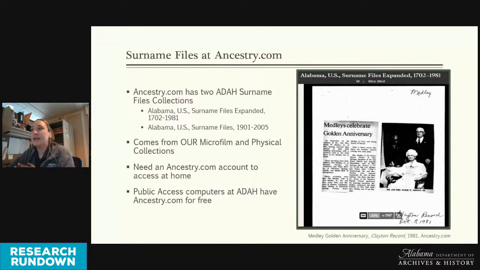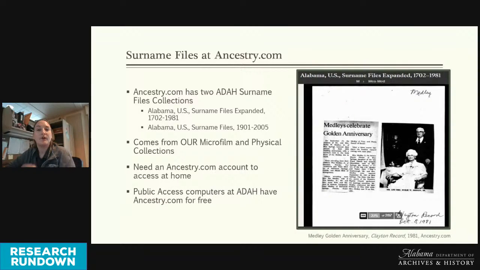On ancestry.com, our surname files are available, and there are 2 different collections where you can find them. One is the Alabama U.S. Surname Files Expanded from 1702 to 1981, and the second one is Alabama U.S. Surname Files 1901 to 2005. These come from our microfilm and physical collections.